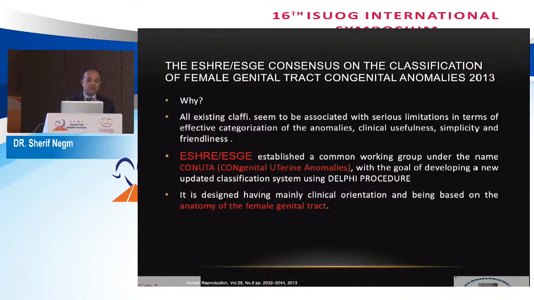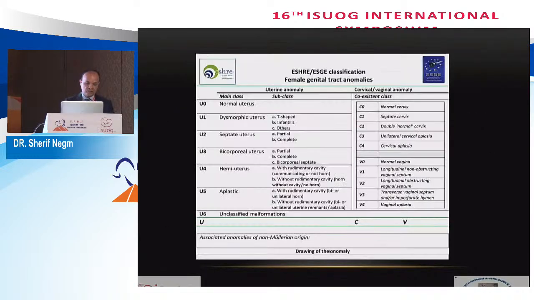They classified the anomalies depending on their ultrasound or their physical appearance rather than their embryological origin. And the most important factor in this classification is they based it mainly on proportions rather than actual centimeter measurements.